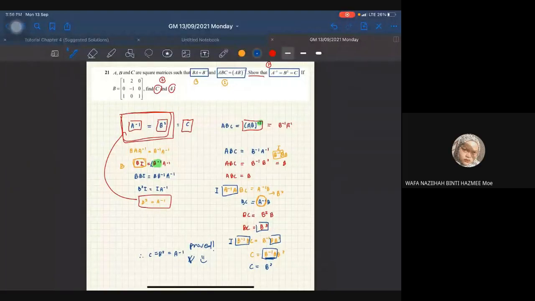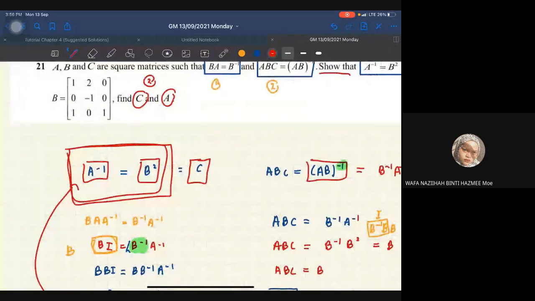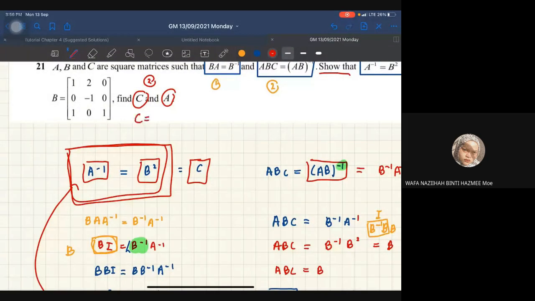Tiada. Okay, so kita dah settle part show and then for the second part is kita kena cari C dan juga A. Okay, so kita dah tahu we already have the formula for C. So dekat C sini, C is equals to B squared.